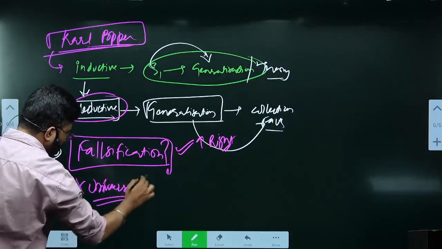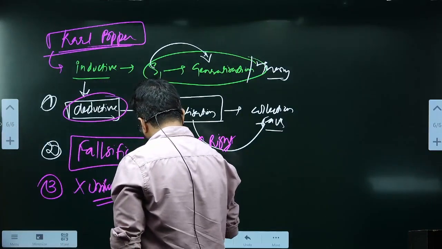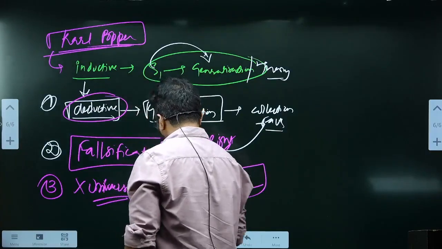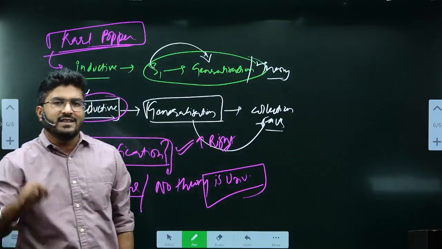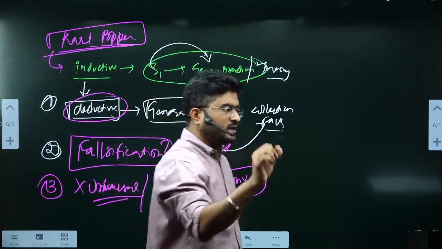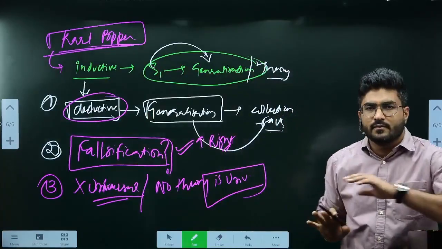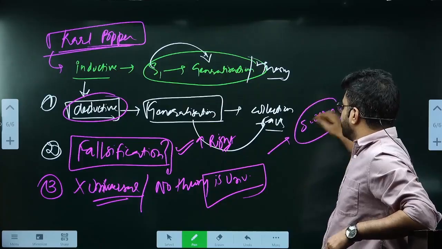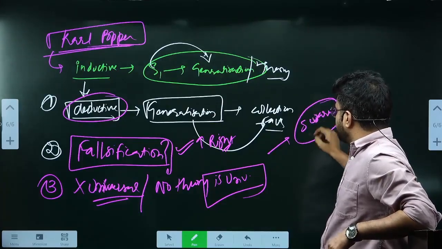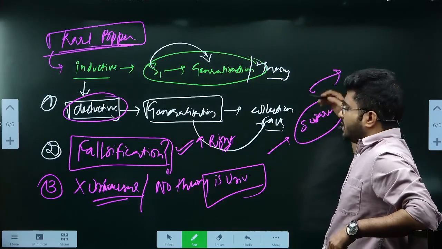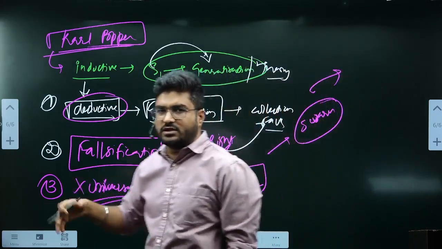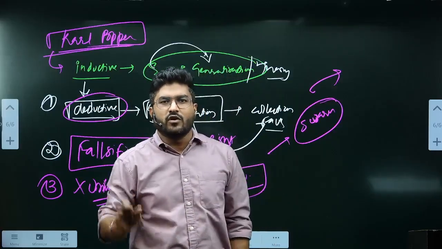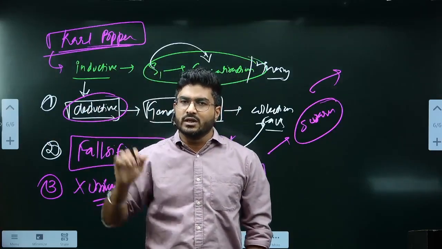For him, no theory is universal. Why is no theory universal? He says that there will be some point of time where the theory will be wrong. He gives an example of swans. Suppose a researcher goes and sits around a river or pond, and he tries to observe for 1 month the number of swans coming there.